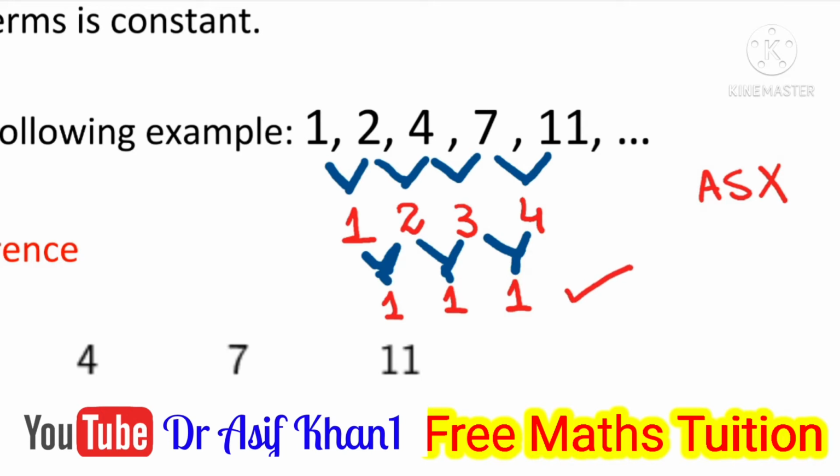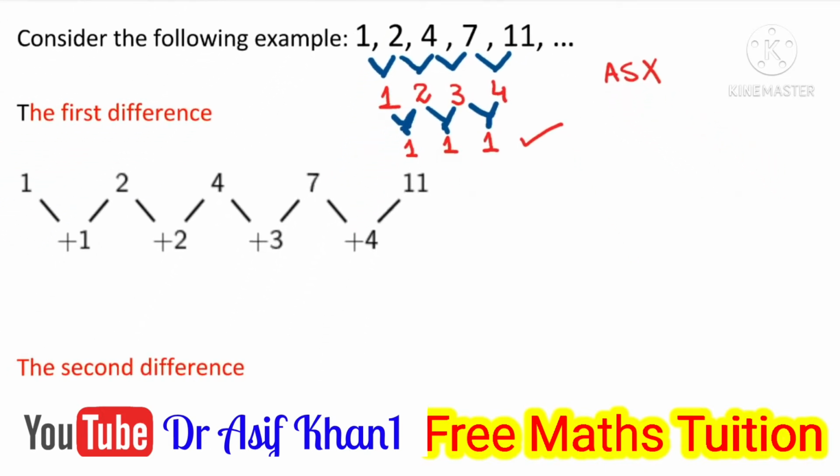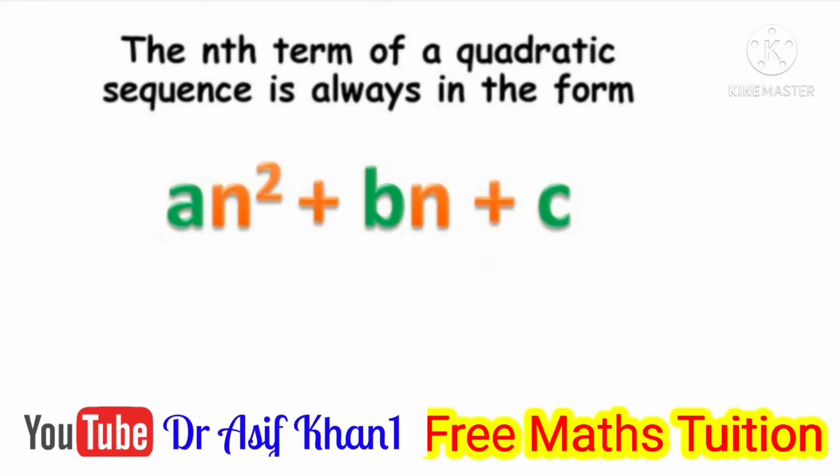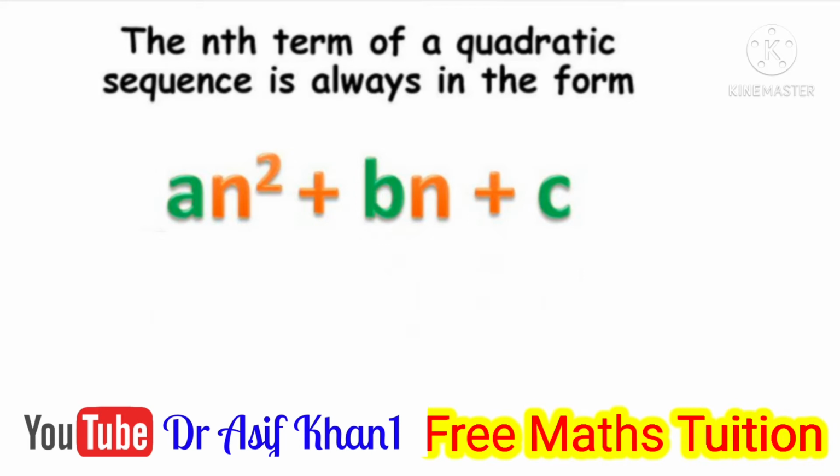If the second level difference is the same, this is called what? Quadratic sequence. For the quadratic sequence, the general formula for the nth term is a n square plus b n plus c. This is the general formula for the nth term of a quadratic sequence.